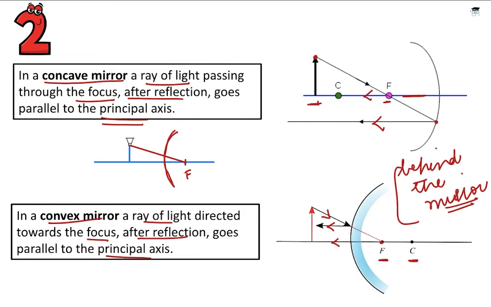So the ray of light is coming and it appears it passed through the focus, but it will reflect from this point. After reflecting from this point, it will become parallel to the principal axis. The light ray will move in this direction, parallel to the principal axis. You can see that this ray of light is parallel to the principal axis.